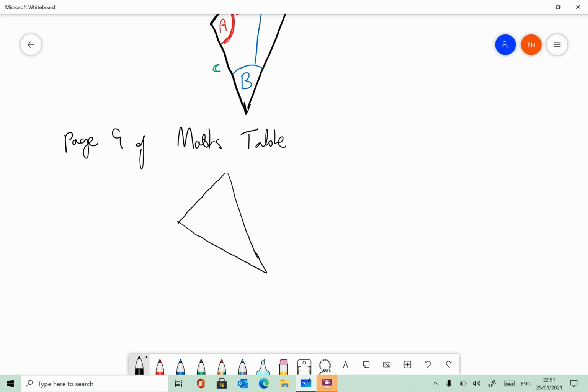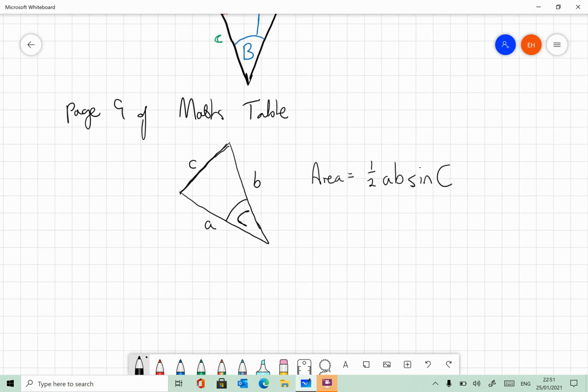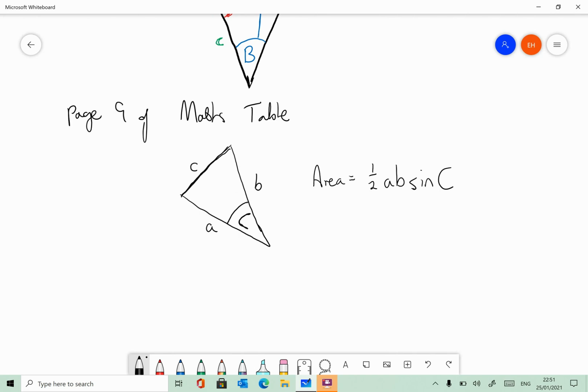In that triangle, there's the sides a, b, and c. Because we call this side over here c, they call this big angle down here big C. And they then tell us that the area is equal to a half ab sine C. So the area of that triangle is a half ab sine C.